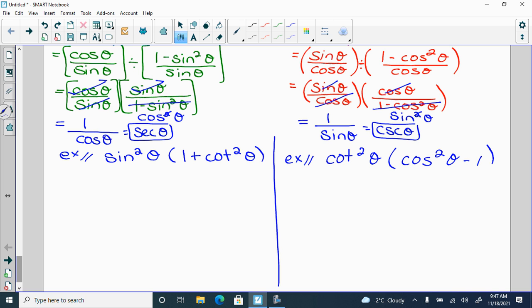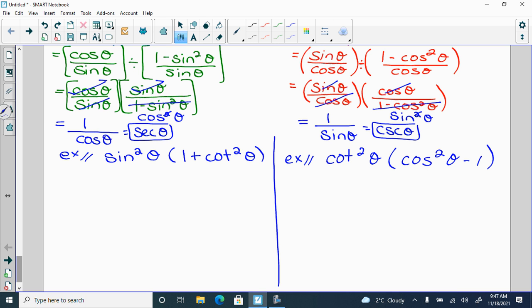So we'll do the first one together. Is there anything on a formula sheet that can help me out with this situation? Yes, the third one. 1 plus cotan squared.